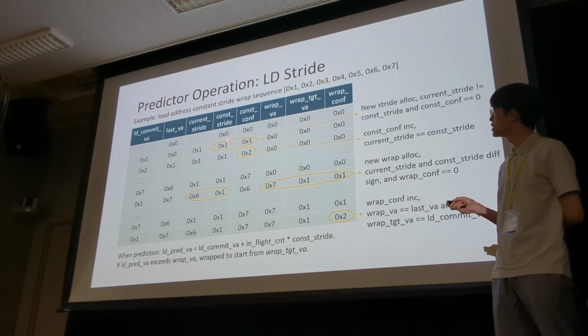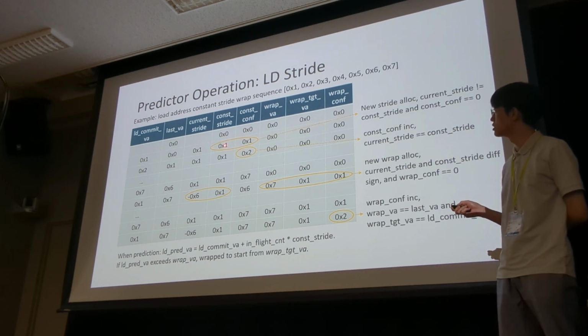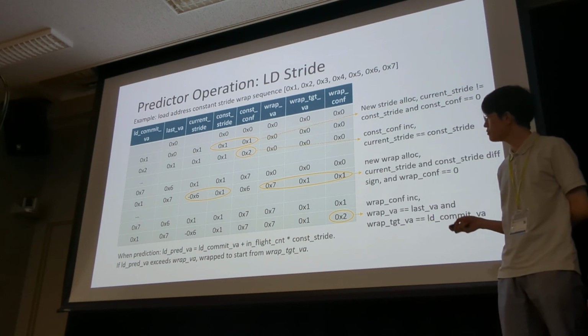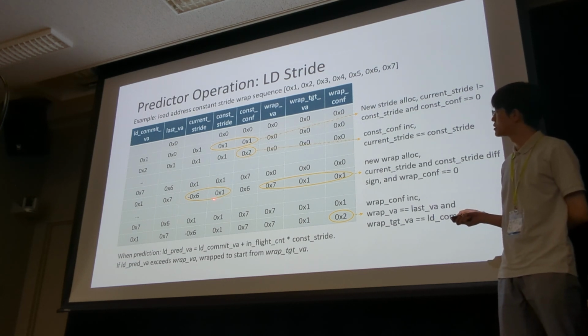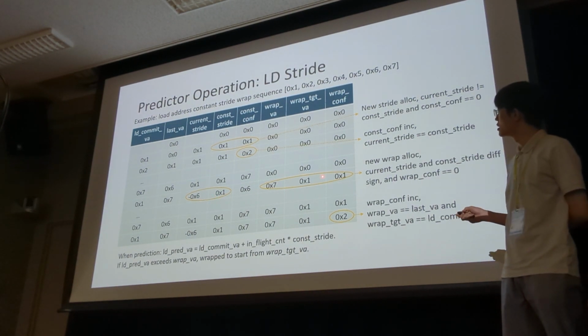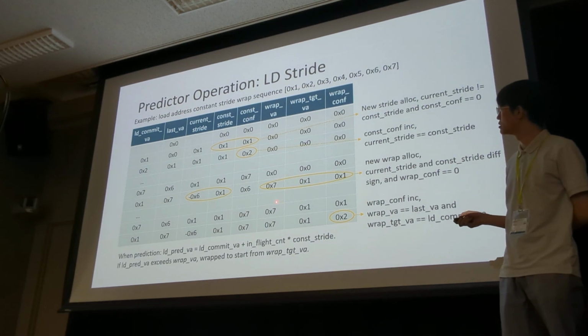If the current stride is different from the stride recorded and the confidence is 0, then we allocate a new stride pattern. And if the current stride is the same as the constant stride, then we increase the confidence. When the wrap happens, the sign of the current stride is different from the constant stride. If the wrap confidence is 0, then we allocate a new wrap pattern.